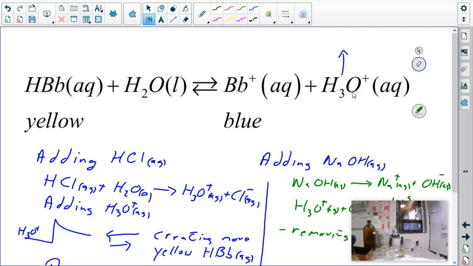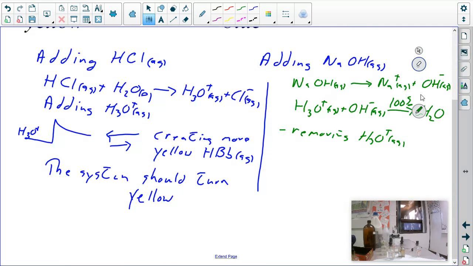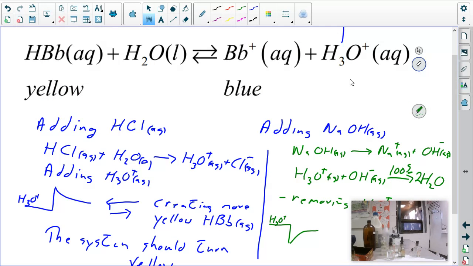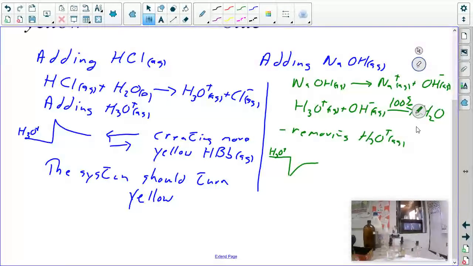Okay, so removing the H3O plus, it's going to try to fight you on that removal. It wants to get back to approximately where it was to start with. That means we have to create more of that hydronium ion. The system is going to shift towards the products to create that.